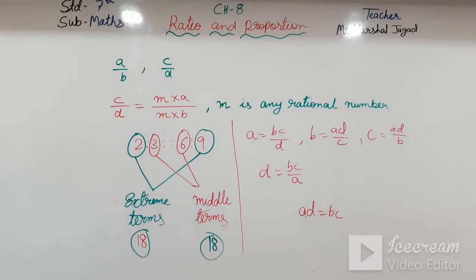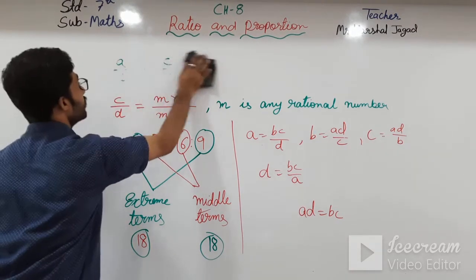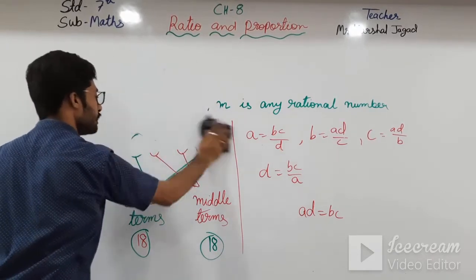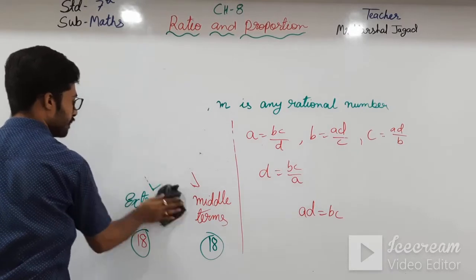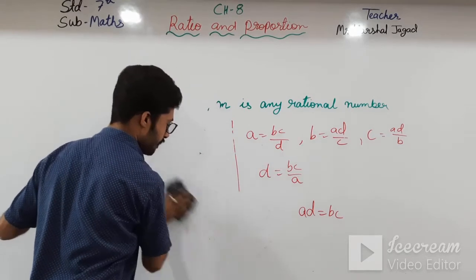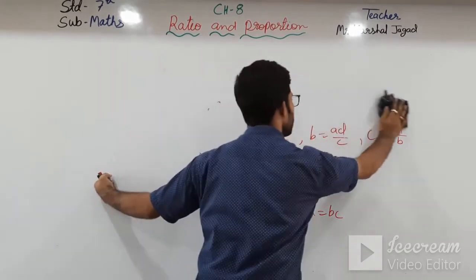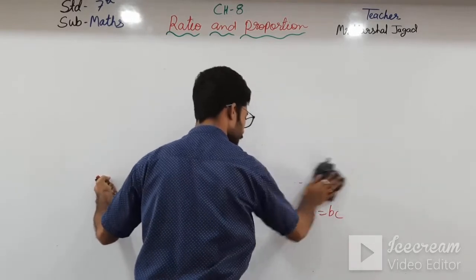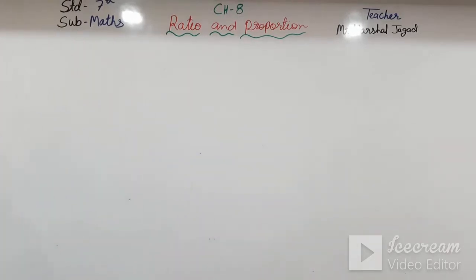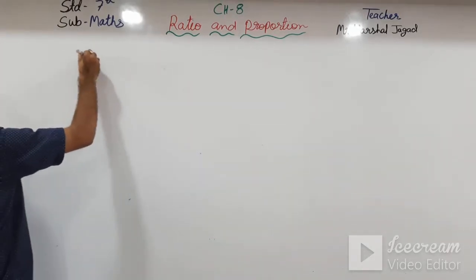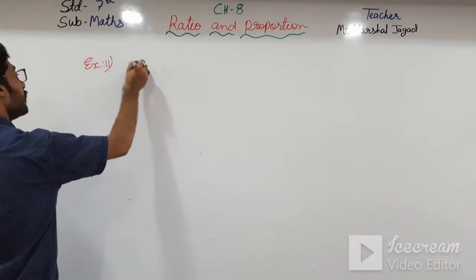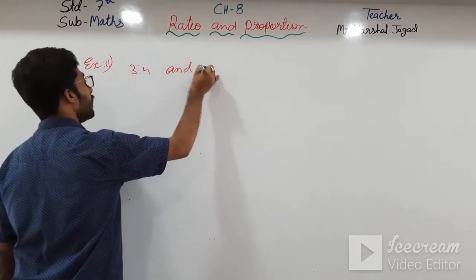So for that, example number 11. So, example number 11, the ratios are given: 3:4 and 5:6.